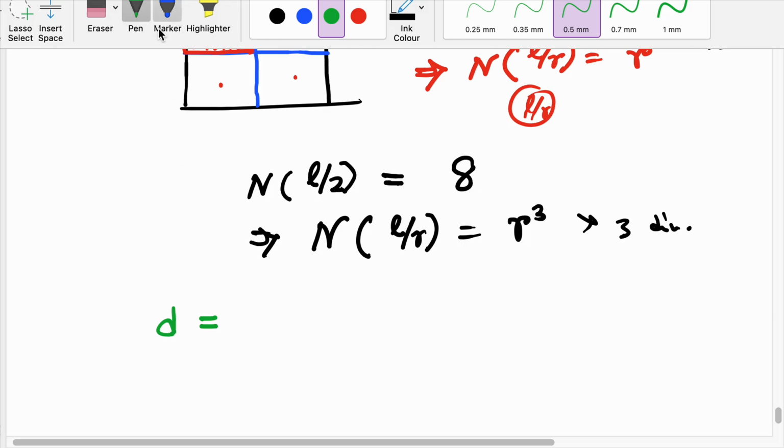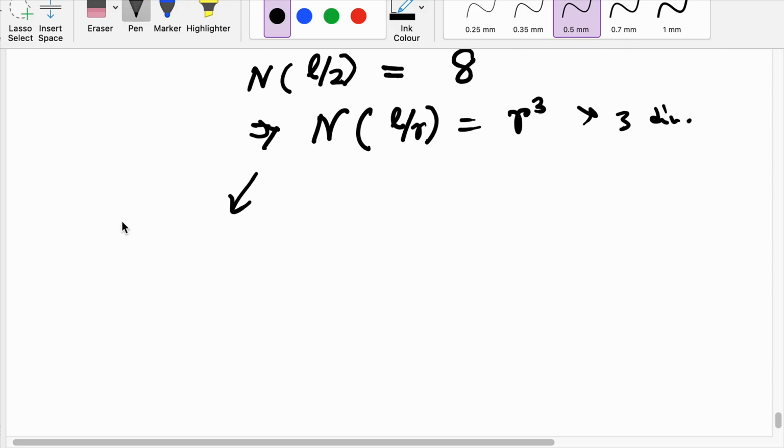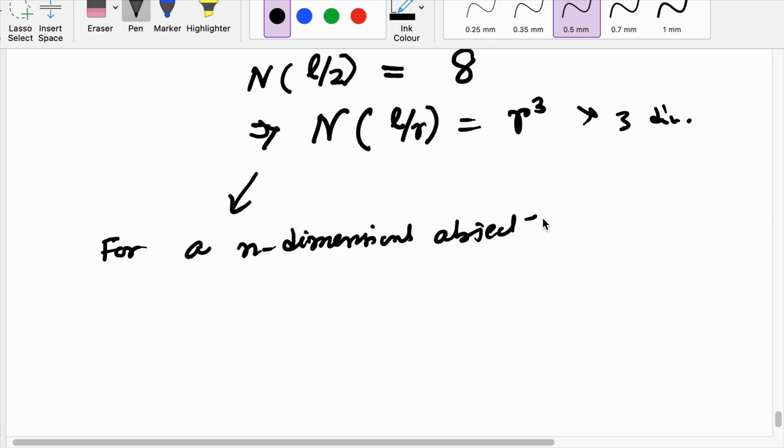So let me first generalize this definition. For an n dimensional object, if I reduce every arm by a length r, how many of the smallest n dimensional objects do I require to fill the whole?